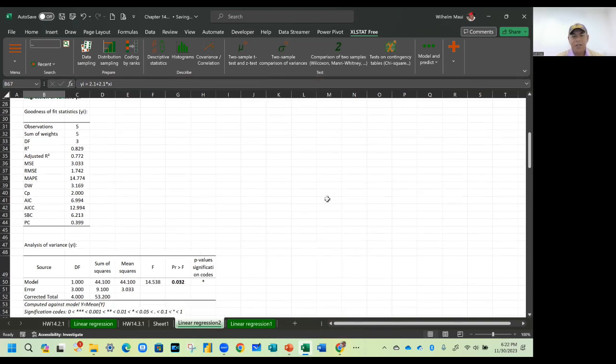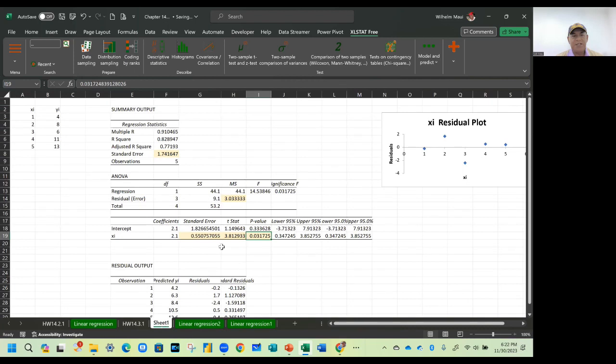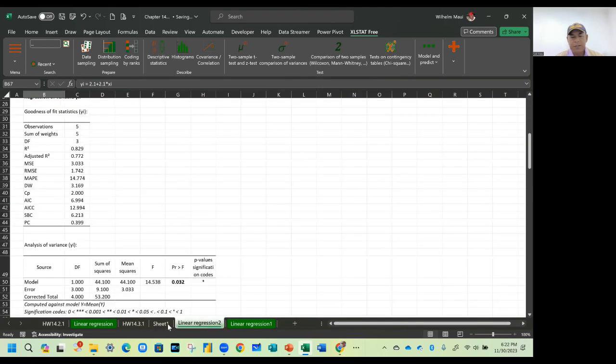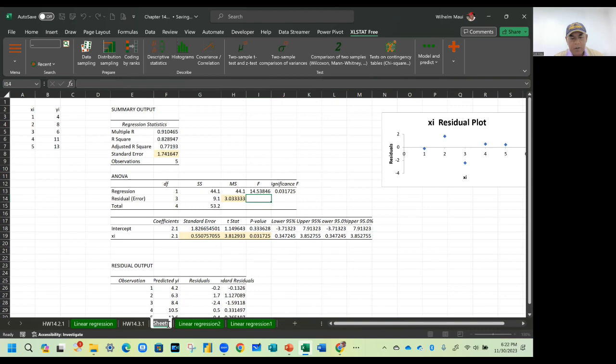Let me close this one. And these are the same statistics that we got here, no? So, let's see, this is homework problem 14.5? 14.1, no? Yeah, there's no 4 here.